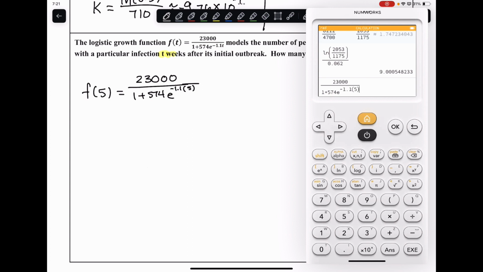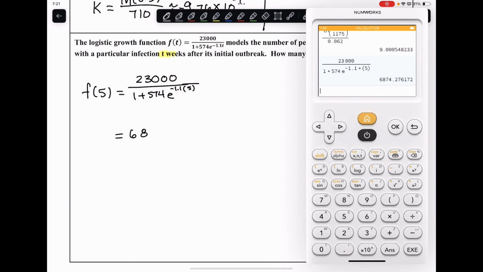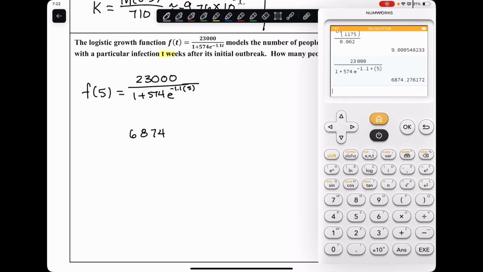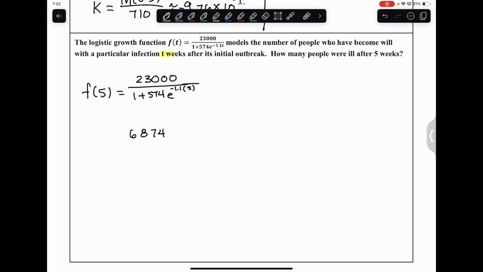So this is going to end up equaling a total of 6,874 people, approximately. So how many people will become ill?